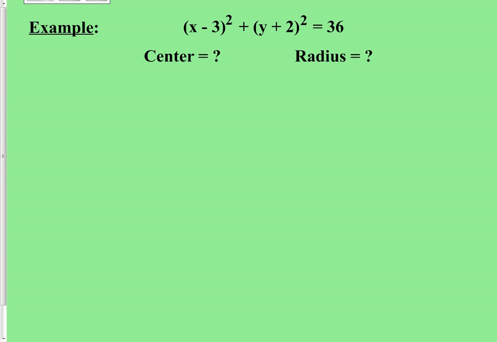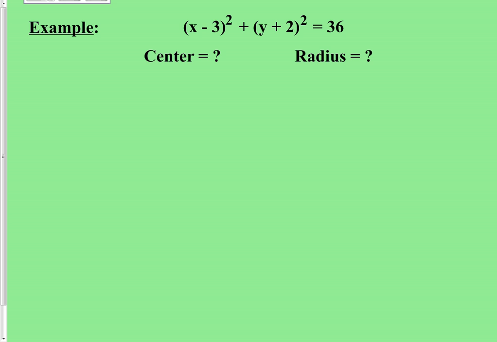So let's look at the equation and see if we can determine where its center is. Again, remember that there are supposed to be negative signs built into this equation for x minus h and y minus k. On the x value, you can see that the minus sign is present inside of that binomial. That means 3 did not do anything to change the sign, so that must be a positive 3.